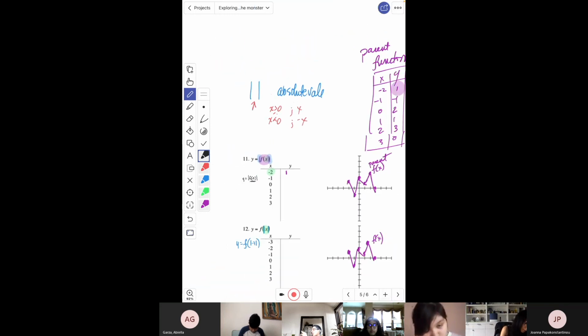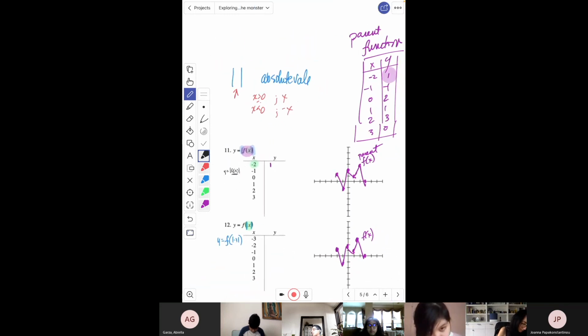So f of -1 is what? What's the function evaluated at x equal -1? When x equal -1, y is -1, right?